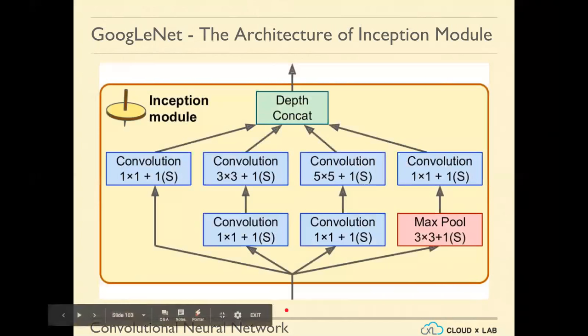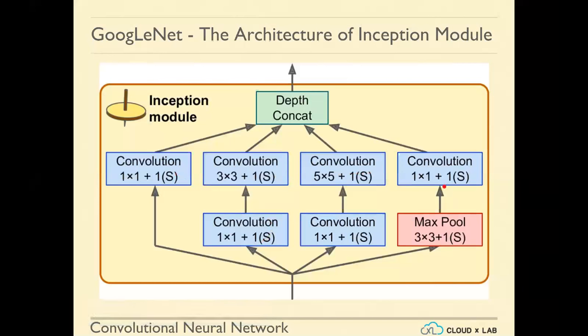The input is applied on these convolution networks in parallel, and you can think of this as one combo, this is one, this is another. And then we do the concatenation. So essentially, this Inception module was the core of GoogleNet. It's nothing but multiple convolution networks in parallel and in series.